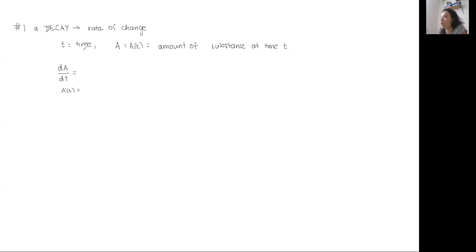This is going to be equal to some constant times the amount present at a given time. Now, because it's a decay, I'm going to put a minus in front. That just tells me my amount is decreasing at a rate proportional to the amount there is at a given time. So I could rewrite that as minus k times A of t.